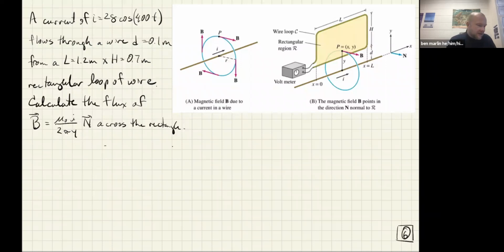Now, the magnetic field that is induced by this electric flow going down here, we're always trying to set it up so that the electric flow is going down the positive x-axis. And then we'll have to see where the x and y axes are in setting up our rectangle in this case.